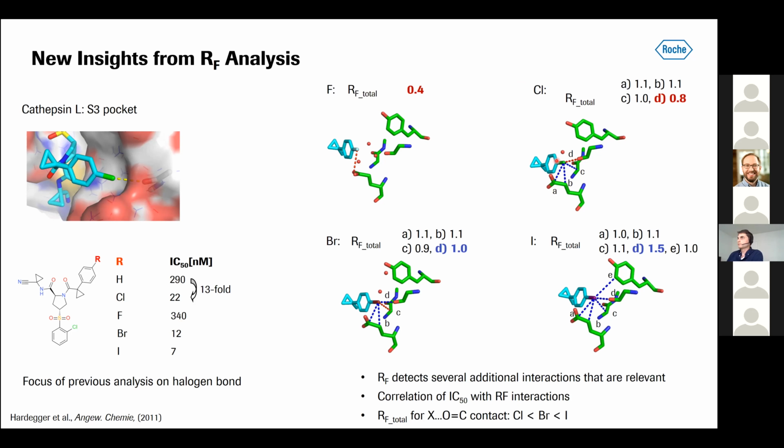And as we've seen before, this is not the strongest interaction, but it makes additional hydrophobic contacts which have RF values above 1, and these might contribute also strongly to this favorable binding affinity. And now when you replace the chlorine with the larger bromine and iodine, which also have a stronger sigma hole, you can see that the RF value for this halogen bond increases strongly above 1, also correlating nicely with the experimental data.